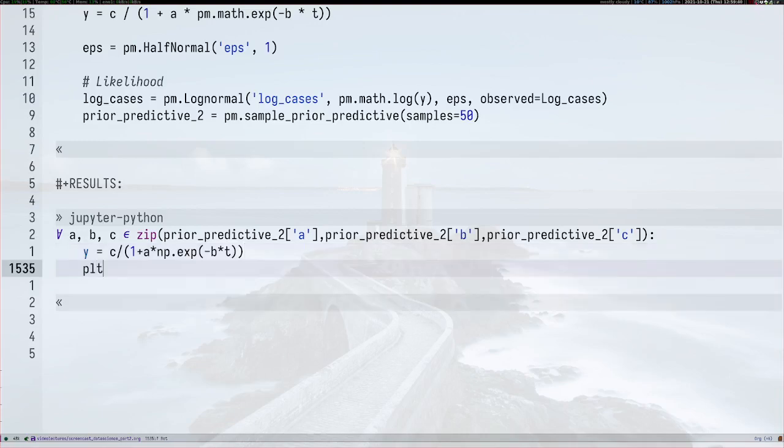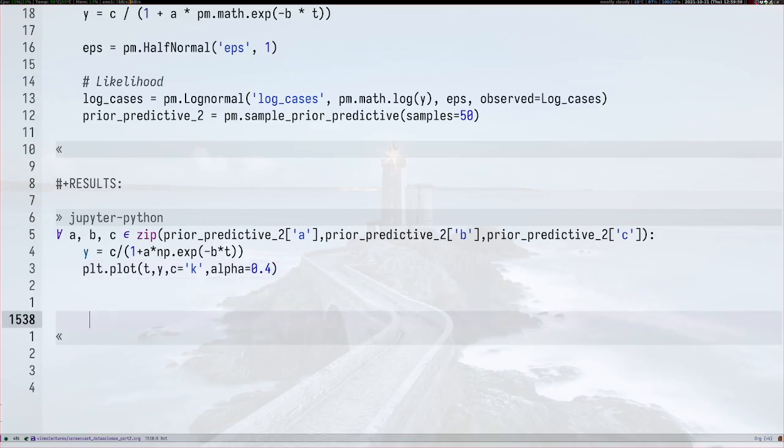Then we say plt plot T and Y. I'll fix the color at black. Transparency alpha is equal to 0.4. And then finally, let's say plt ylim, because some of these draws can be pretty big, so let's not go beyond 500,000.